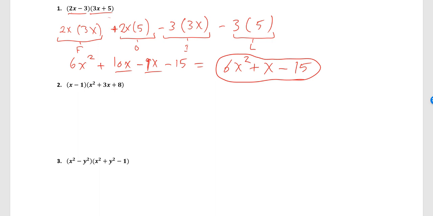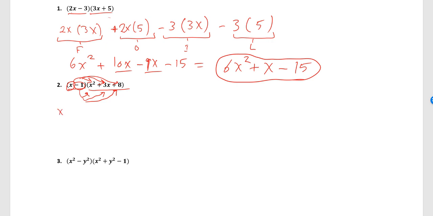Next exercise. We have a binomial multiplying a trinomial. So again, just follow the same process, right? So we have this term multiplying all three of these, and then the second term multiplying all three of these. Okay, let's see what this gives us.